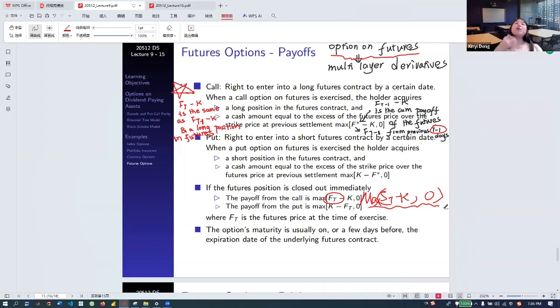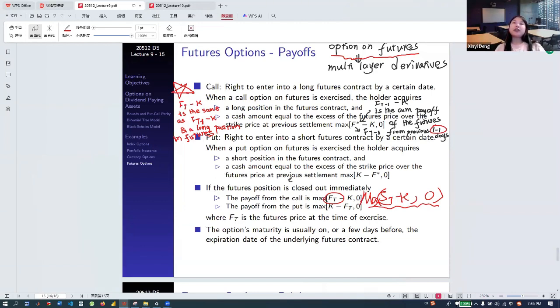So one way of settlement is closing out immediately. You enter into an opposite position, in the opposite direction but of similar size, and effectively your position is cash settled. You are just receiving the difference in the values of those two positions, so you are just receiving the cash.